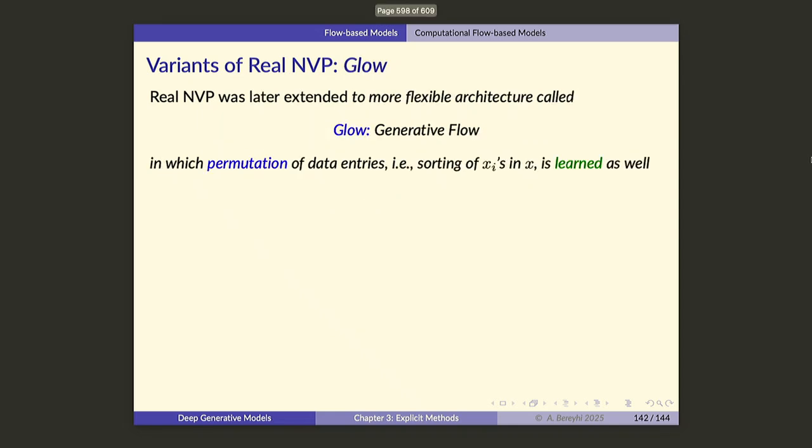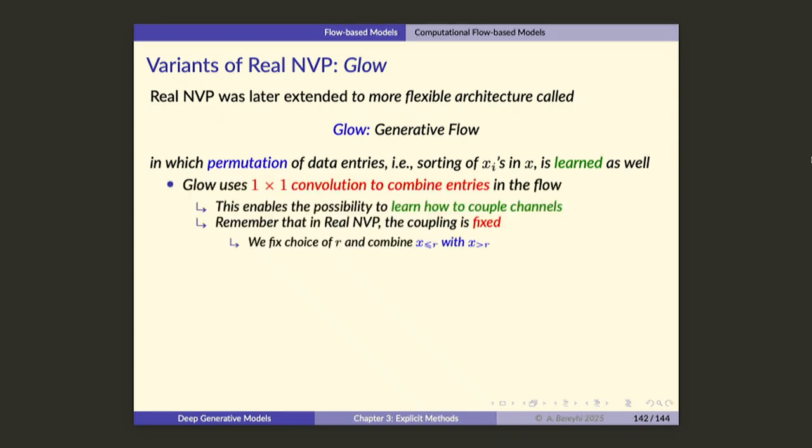And then later on, people extended this idea to the generative flow, what we call Glow. And Glow was at some point quite a thing because it was able to generate very good quality samples. The idea was essentially the same thing again. The only difference was that they were using the idea of convolution to also learn the location of the entries which they are going to combine. Right now in the Real NVP architecture, I told you that you just take the first r entries and copy them directly, then you process the second entries, right?